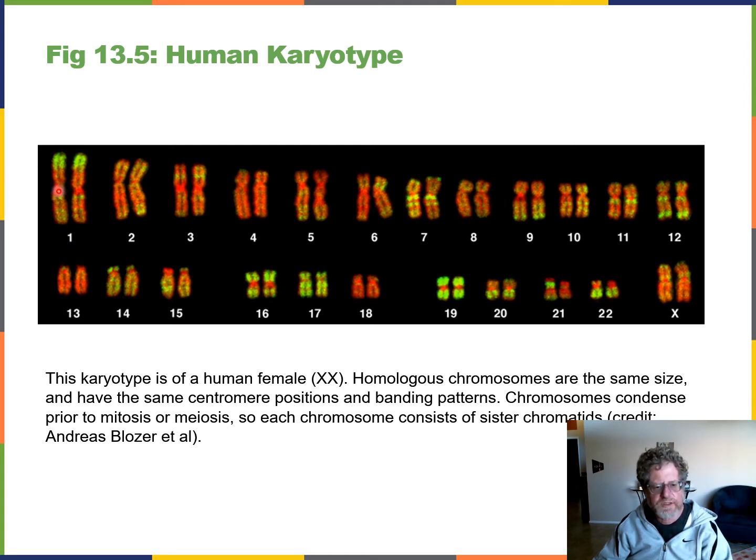During meiosis, during crossing over, it's these non-sister chromatids from homologous pairs that will trade places or exchange information. And after they trade places or exchange information, then sister chromatids are no longer identical.